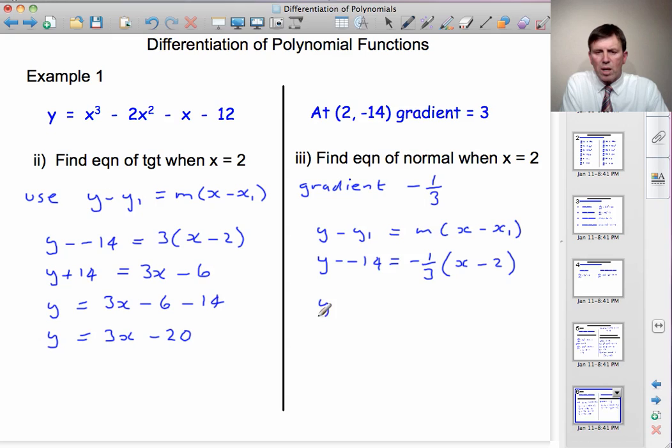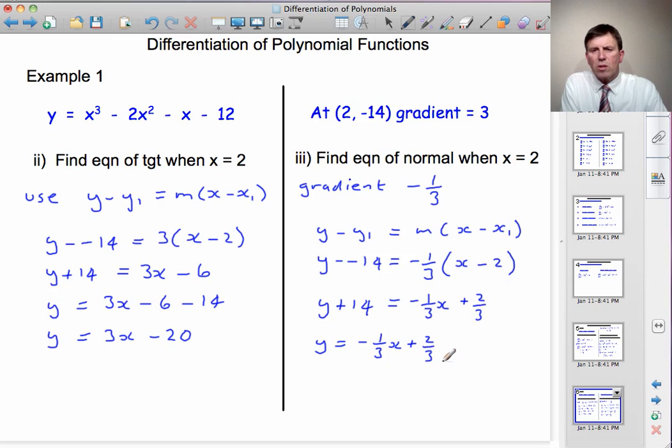So that becomes y plus 14 on the left hand side is equal to minus 1/3 x, and minus a third times minus 2 is plus 2/3. So I'm now going to take the 14 to the other side. y equals minus 1/3 x plus 2/3.